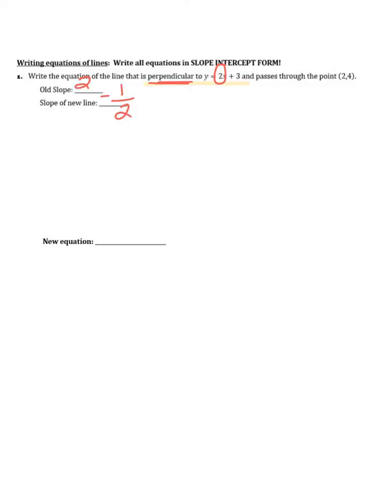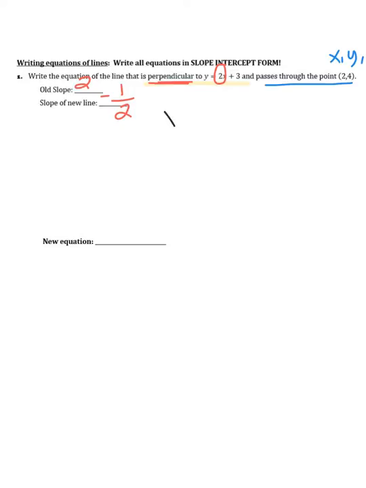Now we need to actually write an equation. Now that we know what slope we're using, I'm going to bring in some other key ideas. It looks like our line is passing through the point (2, 4). So that is my x1, y1 value. I'm going to use the point-slope form that we were practicing the other day because I have this point, (2, 4), and I have my new slope, the negative 1/2.